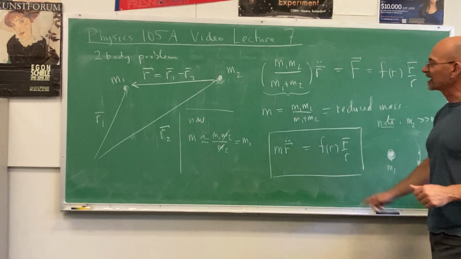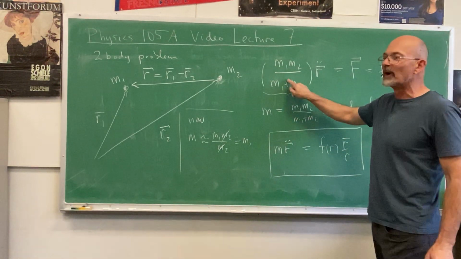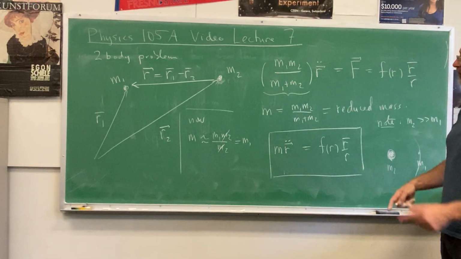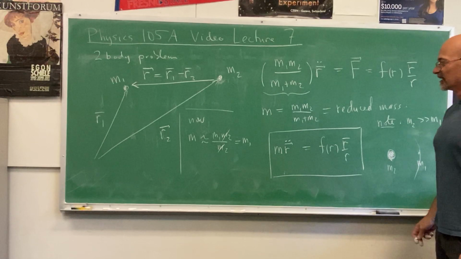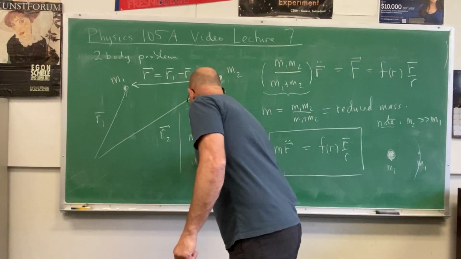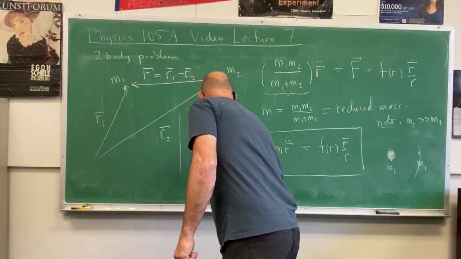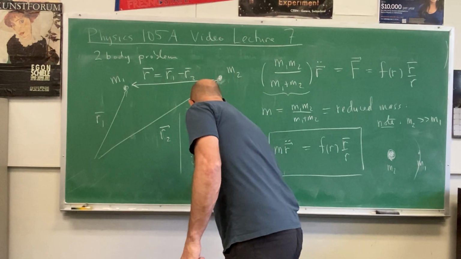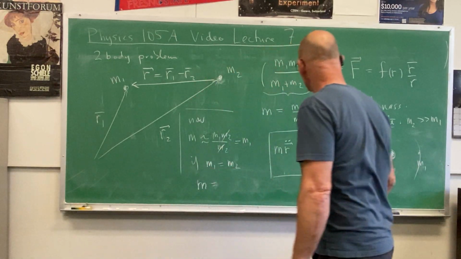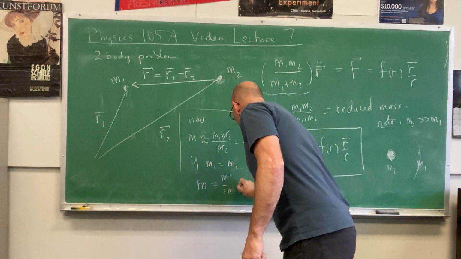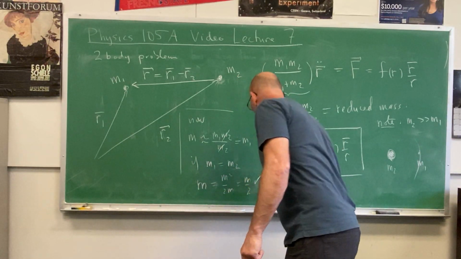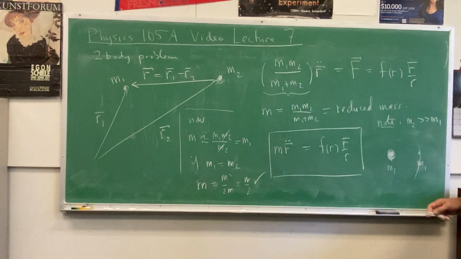If they're equal, then it's M squared over 2M, and the reduced mass is much different than the original mass of each one. So if M1 equals M2, then the reduced mass is equal to M squared over 2M, equal to M over 2. So there are a couple limiting cases of interest.